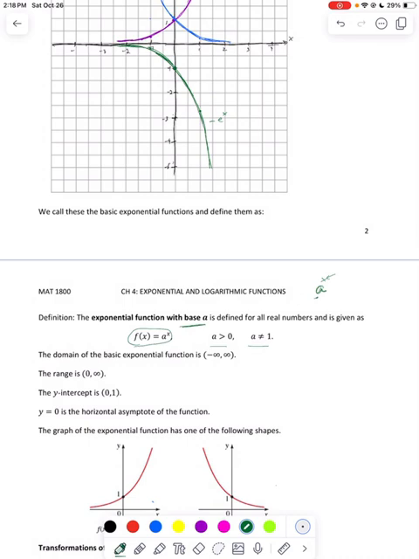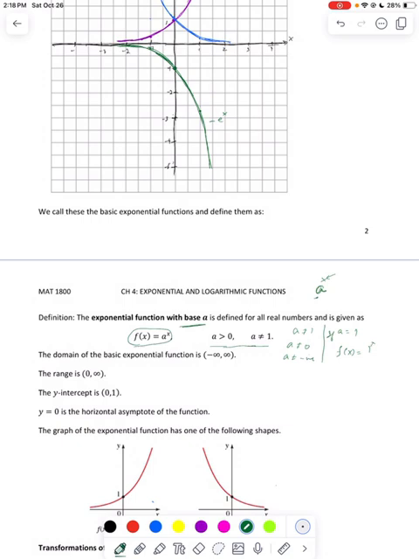So we have a cannot be 1, a cannot be 0, and a cannot be negative. What happens if we set a equal to one of these? If a is equal to 1, the function becomes f of x equals 1 raised to x.